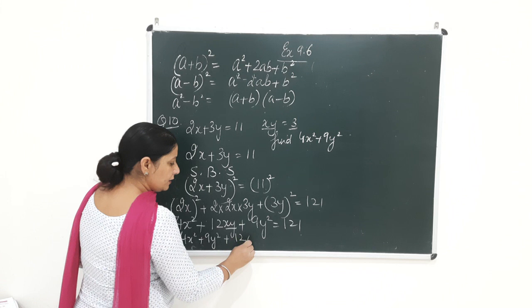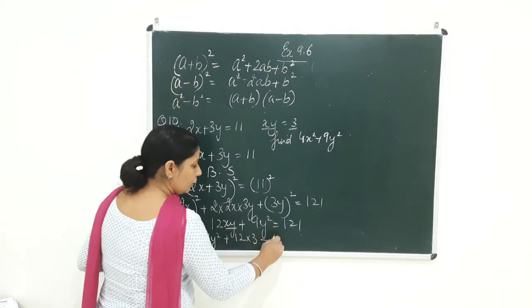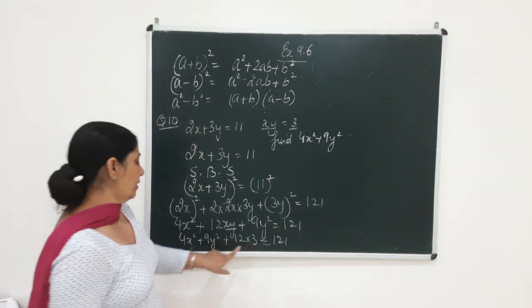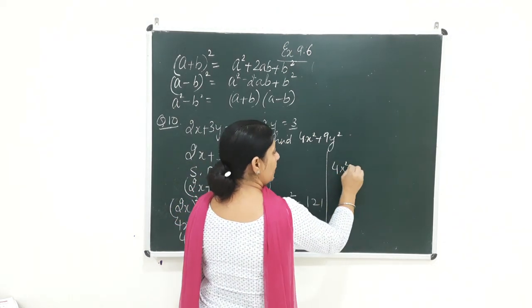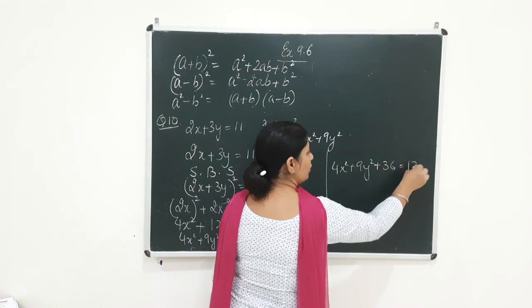So in place of this xy I can write 3 along with 12, and this is equal to 121. So we multiply 12 threes, that is equal to 36. So I get 4x square plus 9y square plus 36 is equal to 121.